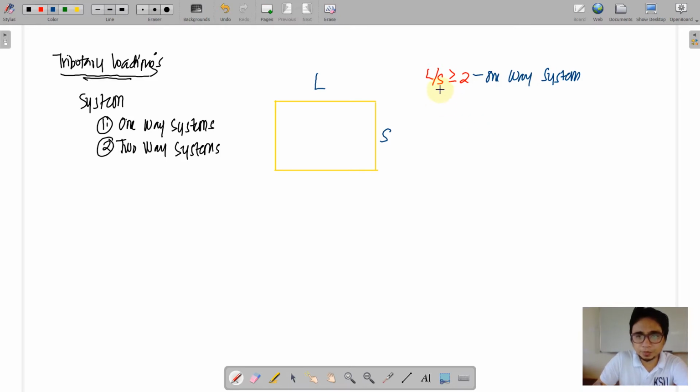Okay, so what about the two-way system? The criterion is that the longer dimension divided by the shorter dimension is less than 2. So this now becomes the two-way system.